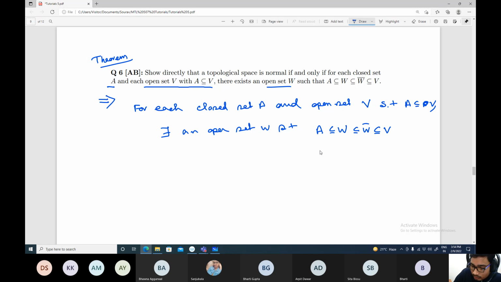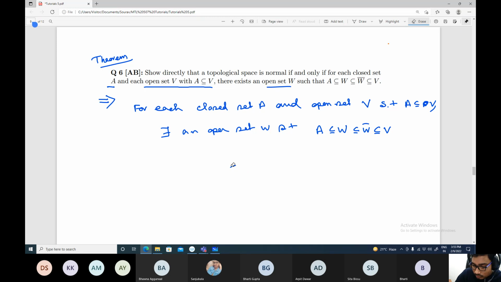This means that in a topological space, if for each closed set A and each open set containing it, you can find another open set W in between, whose closure is also contained in V, then we say that the space is normal.